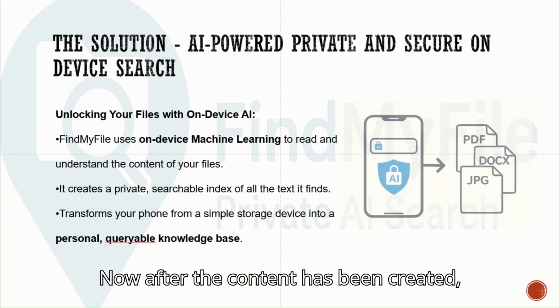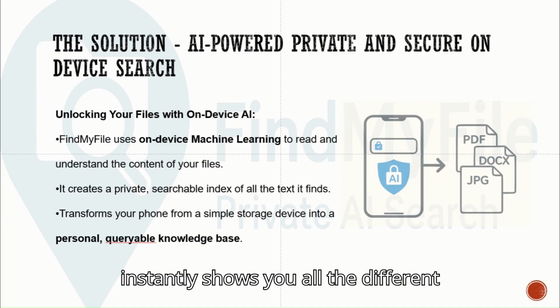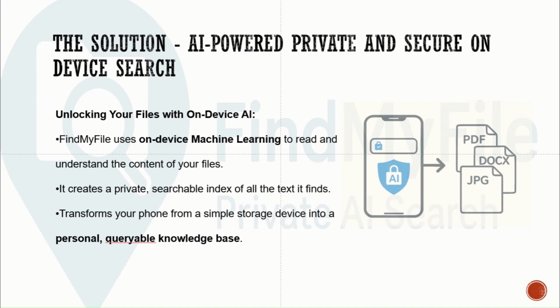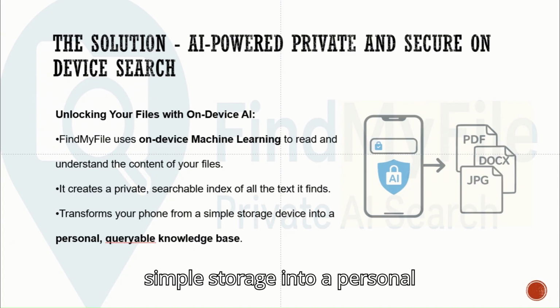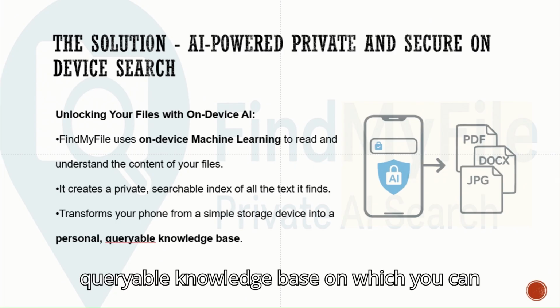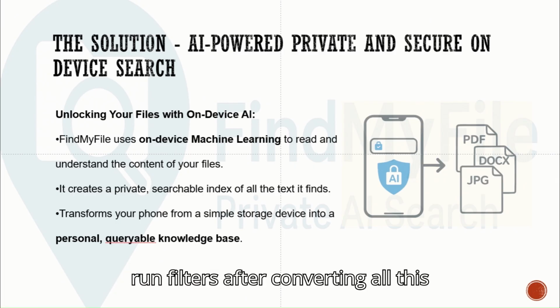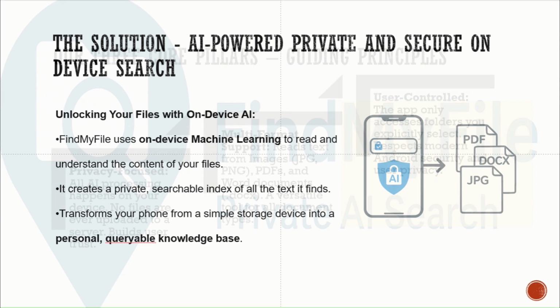After the index has been created, when you search for coffee, the app instantly shows you every document that has this word. It transforms your storage into a personal, queryable knowledge base, on which this app also allows you to run filters.